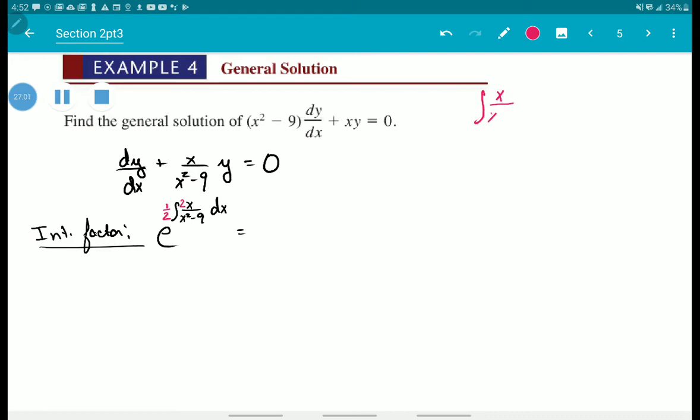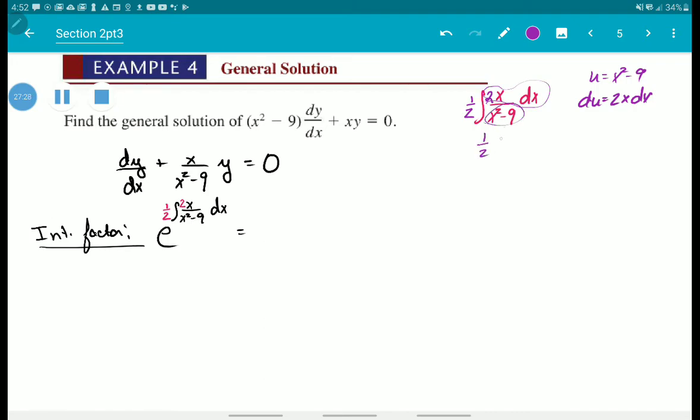So let me show you over here what's going on. That's what we're trying to integrate. This is almost in the form of du over u, which would be a logarithm property. But we are missing the 2 here, and we could compensate with a 1/2. If u is x squared minus 9, then du would be 2x dx. So there's our du. Here's our u.